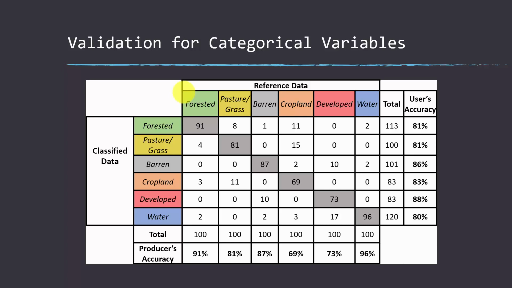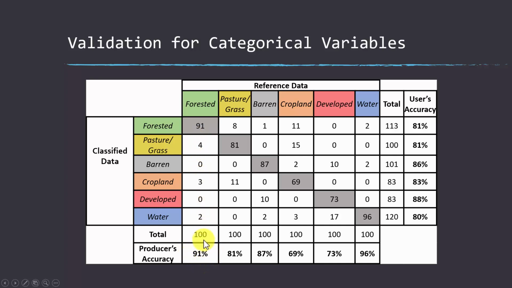Okay, so let's look at a couple of other examples of error matrices. So as you can see, the producer's accuracy show up here at the bottom. They were a measure of omission error, right? So the reference data represents the column. So if we were looking at something like forest, these cells represent cells that were supposed to be forest, but they weren't called forest, so they were omitted from that class.